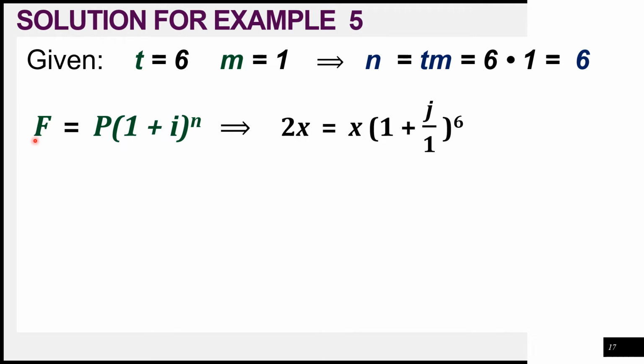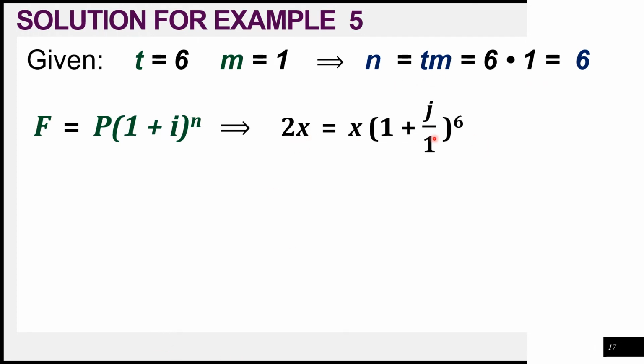Hence, the value of F would be 2x equals the P, which is set as x, times the quantity of 1 plus j over 1. Take note that i is equal to j divided by m. And since we do not know the value of j yet and we are looking for this value, this variable will remain as j raised to the power of 6, which is the value of our n.